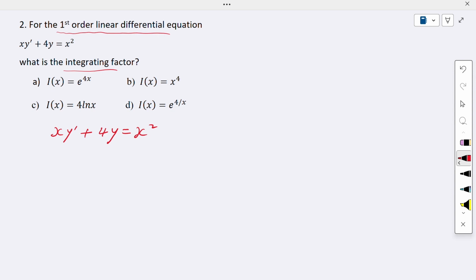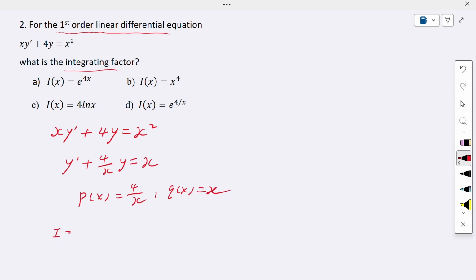To change the coefficient of y prime to 1, we divide the whole equation by x. So we have y prime plus (4/x) y equal to x. We recognize in our equation that p(x) is 4 divided by x, and q(x) is equal to x.